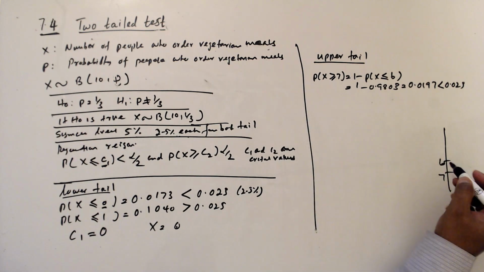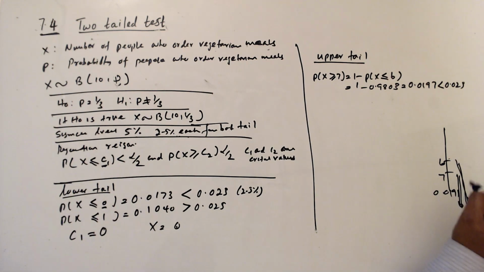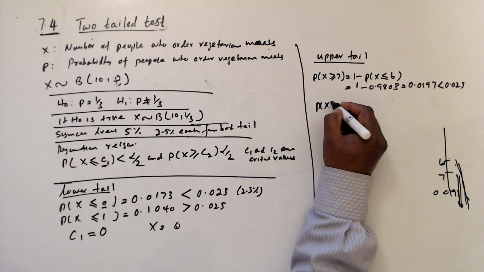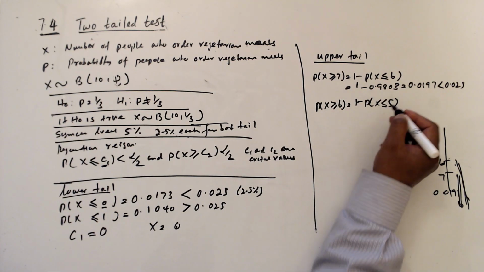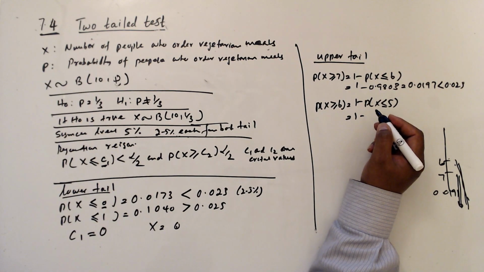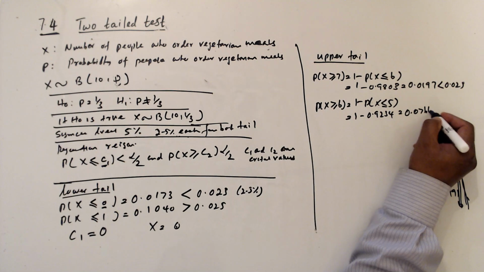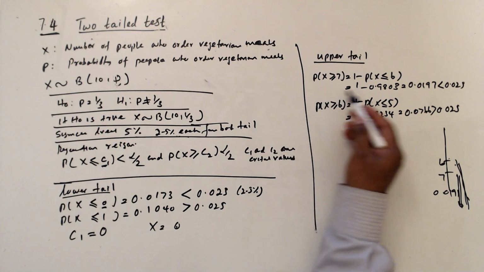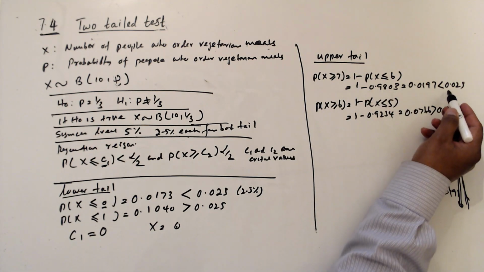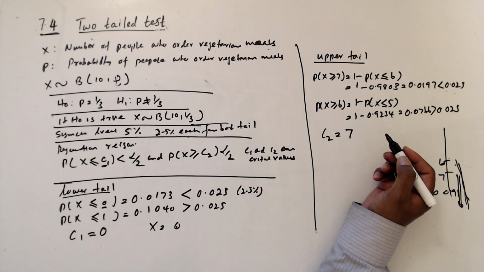And so we will try with 6 now. Probability X greater than or equal to 6 is 1 minus X less than or equal to 5. So 1 minus 0.00766 is greater than 0.025. Then we clearly see that 7 is less than 0.025. Then the critical value C2 is going to be 7.